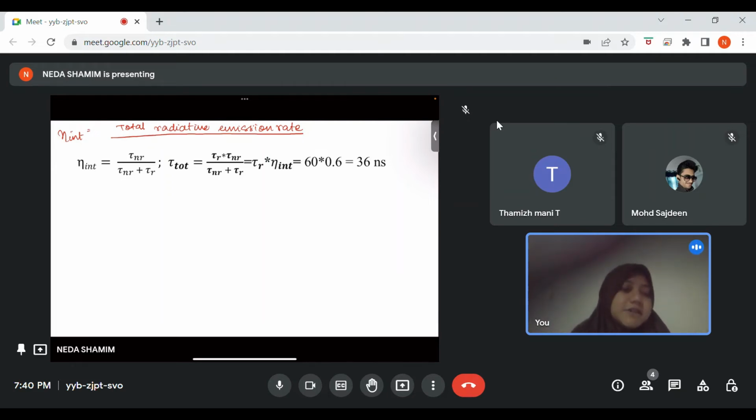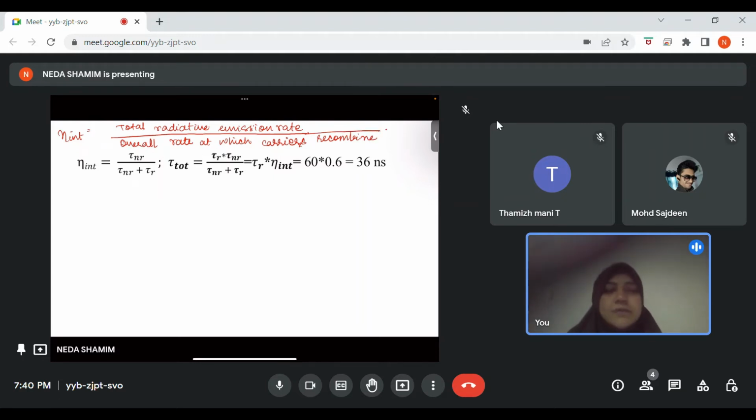That is the total radiative emission rate, compared to the overall rate at which the carriers, the holes and the electrons, recombine.